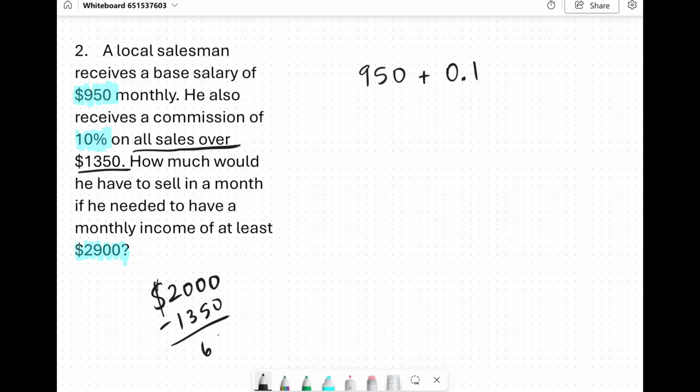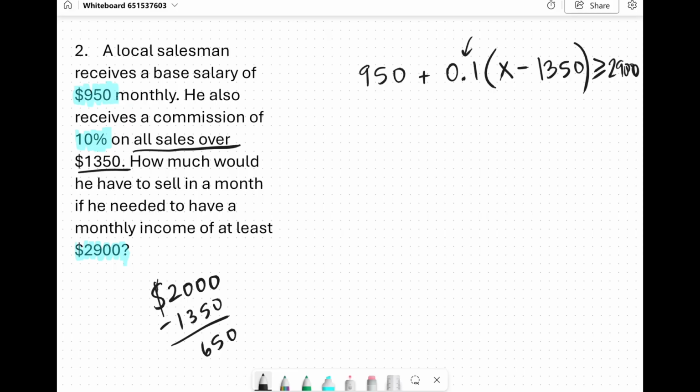So only to $650. We don't know if he will sell 2,000, 5,000, 10,000. We will make that our x. So 10%, which is this 0.1, is multiplying everything above 1350. He wants to make more or equal to $2,900.